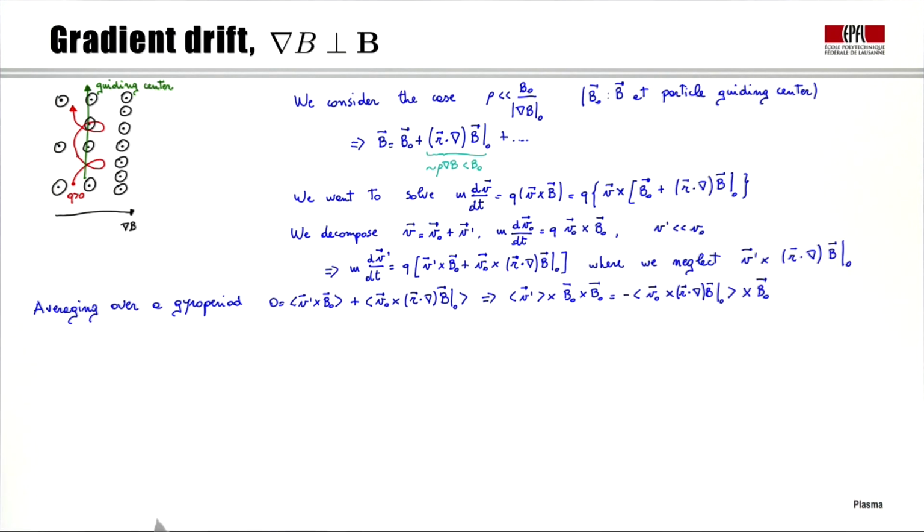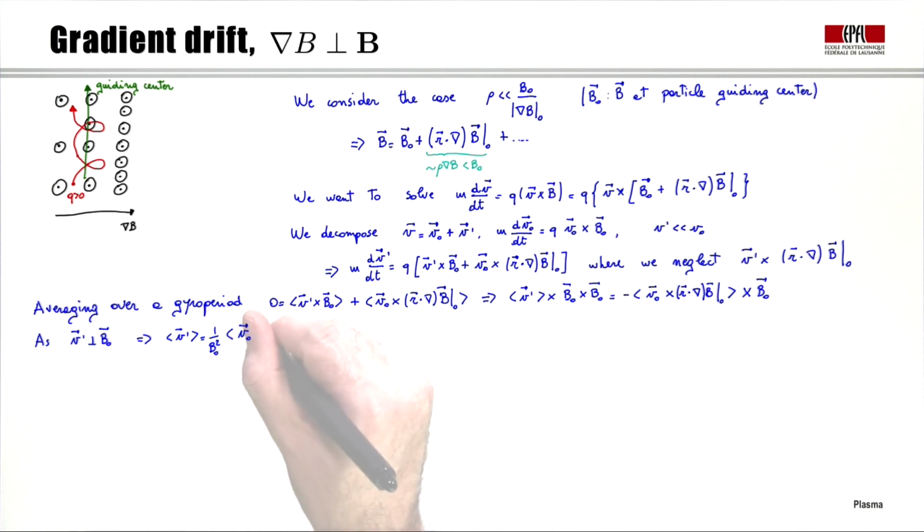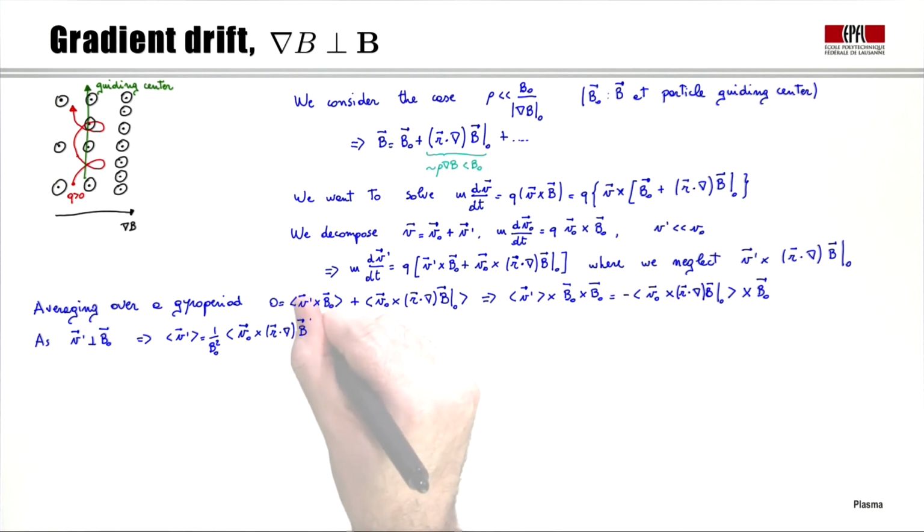Now, as V prime is perpendicular to B0, the average of V prime, this double cross product, can be solved as we've done for the case of the E cross B drift, and as I was saying, the average of V prime will be equal to 1 over B0 squared, B0 cross the quantity r dot grad B0, still crossed with B0.